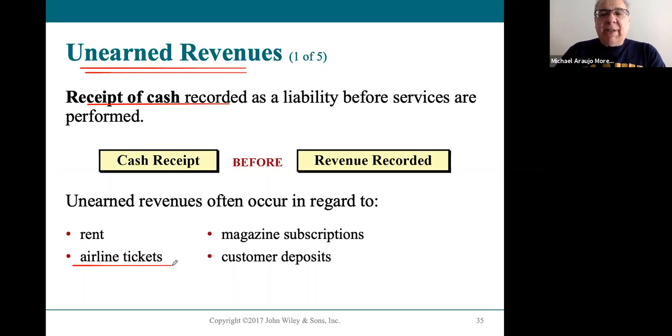So when you buy the ticket from the airline, they can't say that's revenue yet. They haven't earned it. Remember, revenue is earned. Earned means you've already done the work. Unearned means you still need to do the work.